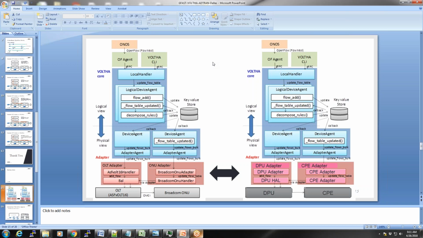But the key is to allow the OpenFlow community to see that it is abstracted away from whether this is an OLT ONU construct or a DPU CPE construct. It's an OpenFlow switch with a port, period. And you can live in the OpenFlow world and be 100% abstracted away from the physical aspects of how these work.